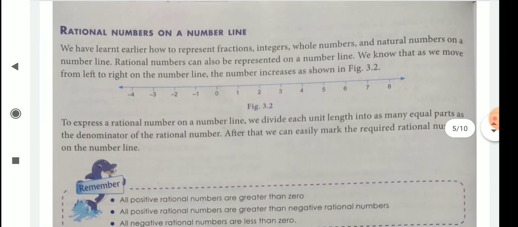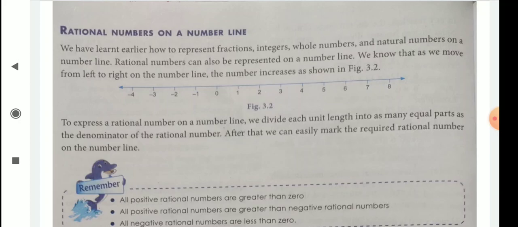Then comes rational numbers on a number line. We have learned earlier how to represent fractions, integers, whole numbers and natural numbers on a number line. Rational numbers can also be represented on a number line.